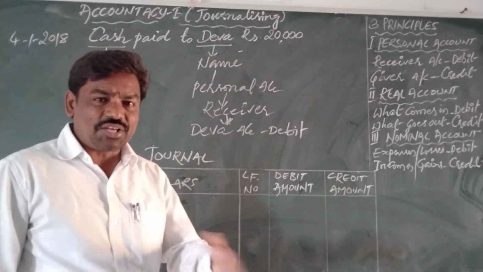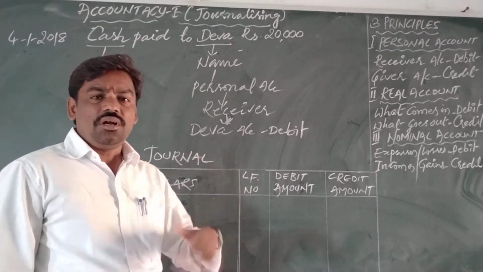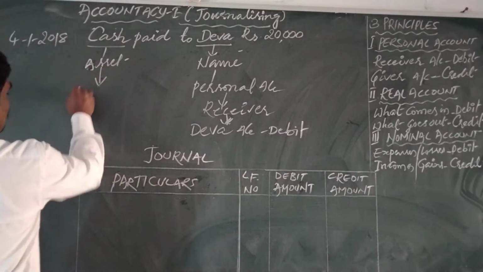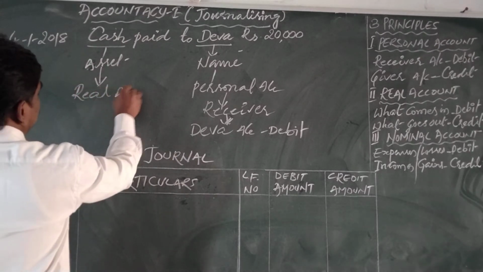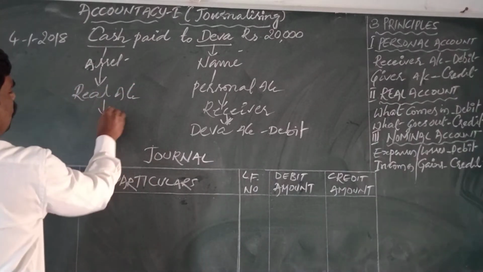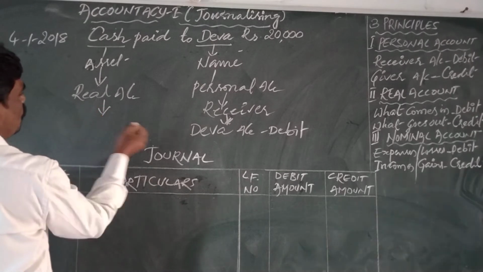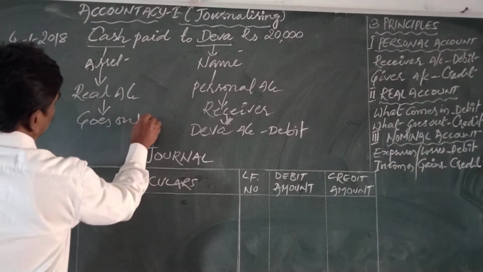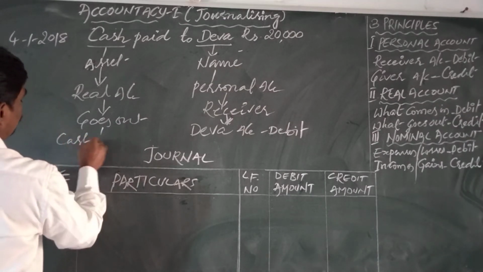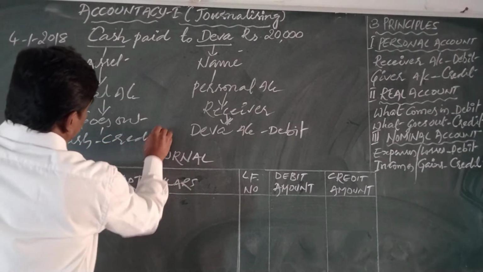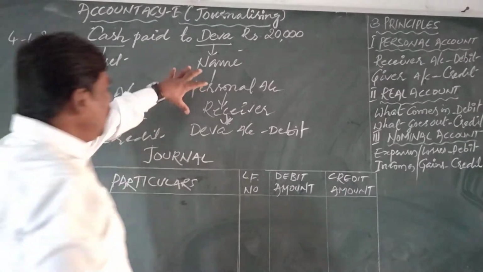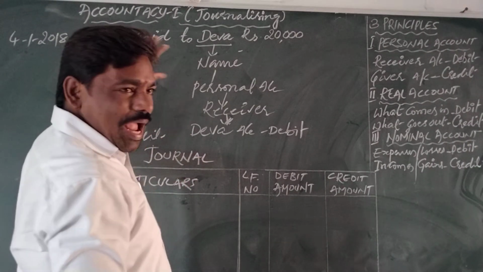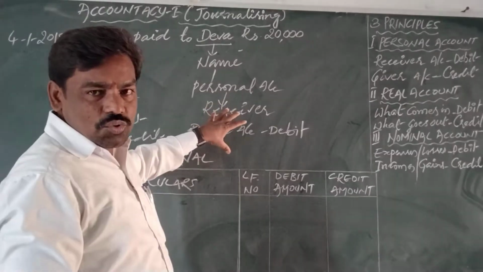When we paid cash to someone else, the cash goes out of the business. So cash comes under real account, and the principle says what goes out should be credited. Cash should be credit. So we have identified two aspects and their accounts.